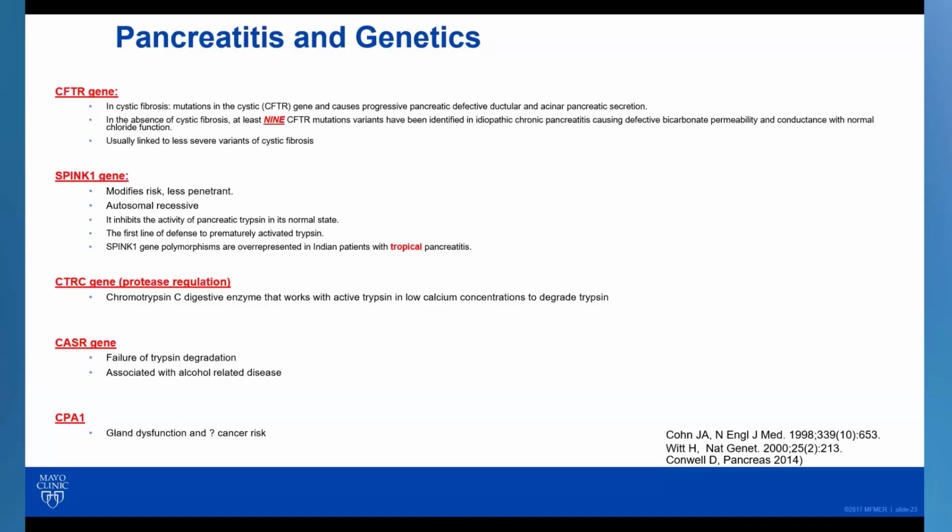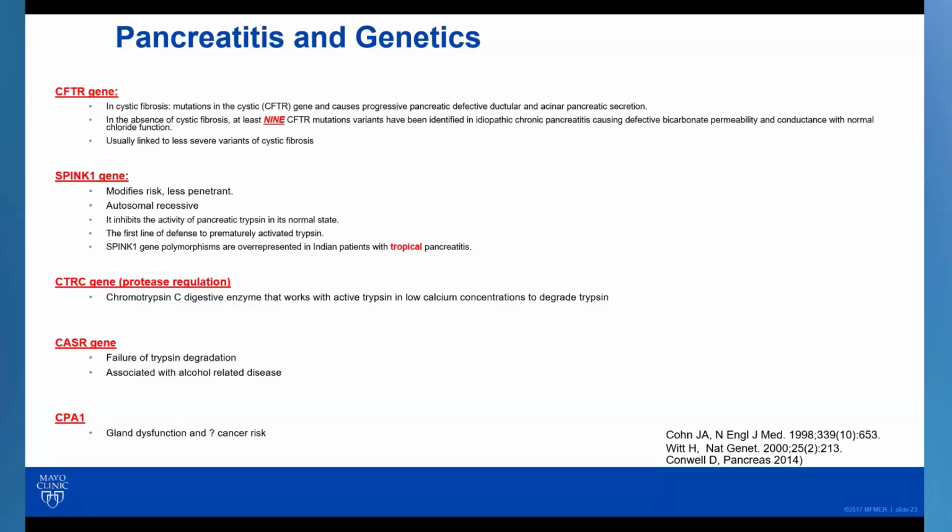SPINK1 is an autosomal recessive disease. This is the first line of defense in terms of flushing excess trypsin out of the pancreas. So if it's defective, then you would have trypsin stagnation and disease eventually. Interestingly enough, there was an entity of chronic pancreatitis known in Southeast India called tropical pancreatitis, which was initially thought to be dietary related, but later on it was found that this is actually linked to SPINK1 gene mutation.